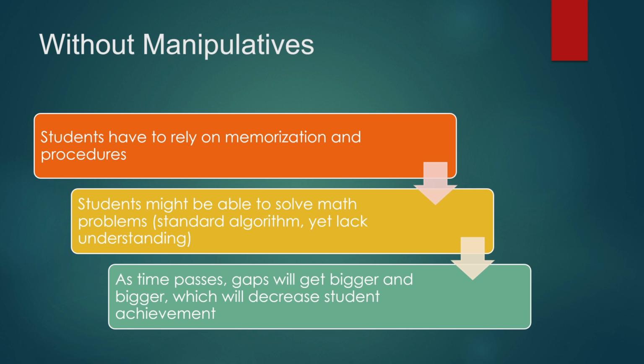This can lead to confusion when they encounter, again, more complex abstract problems, such as regrouping, place value, or following multi-step directions and tasks. Over time, this gap between procedures and understanding becomes more and more noticeable. We'll start seeing more gaps in students' understanding and ability to complete those more complex problems.